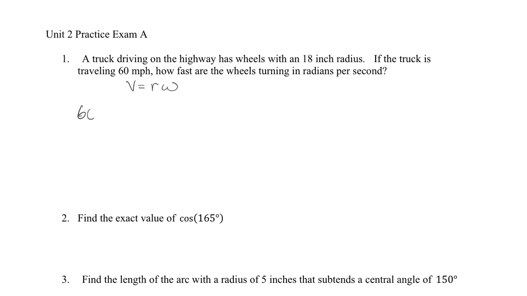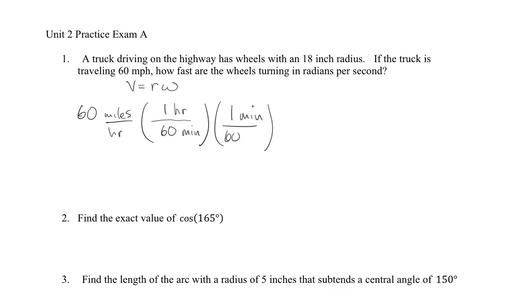So if we have 60 miles per hour, first going to convert to, let's do seconds. So 1 hour is 60 minutes. And then we can convert minutes into seconds. So 1 minute is 60 seconds.